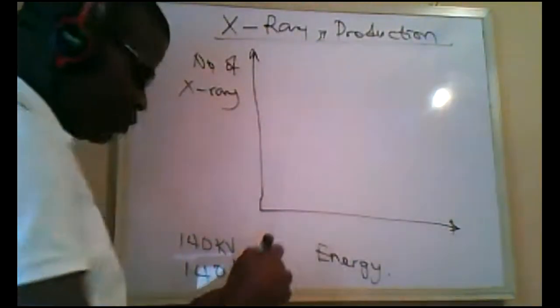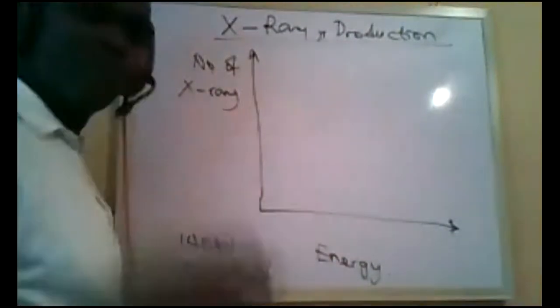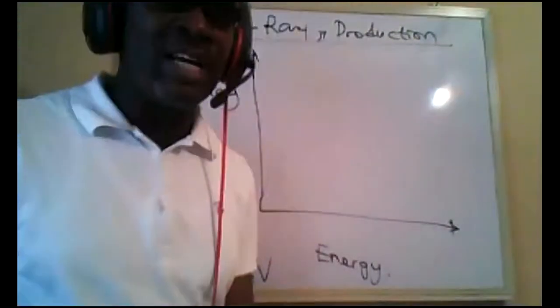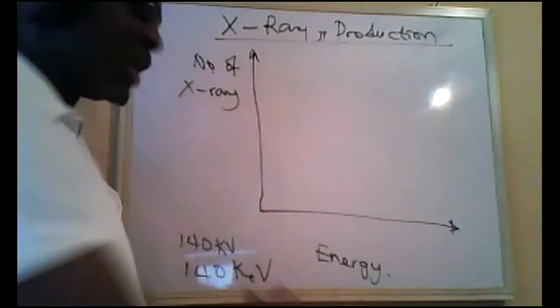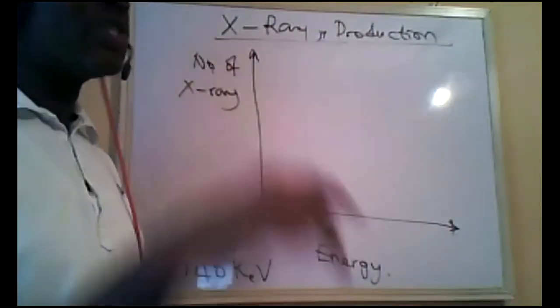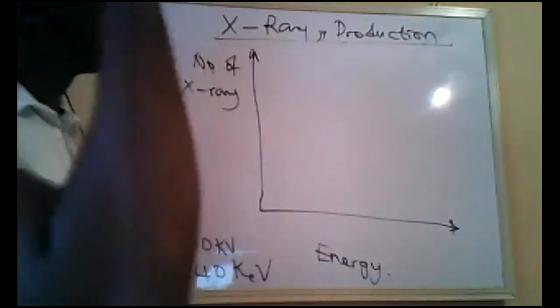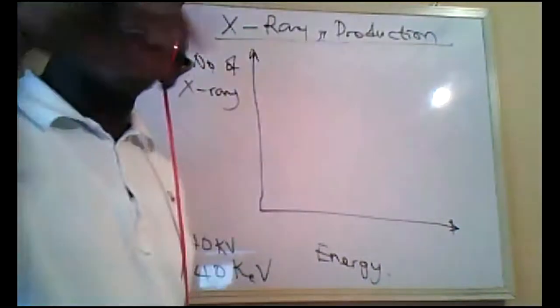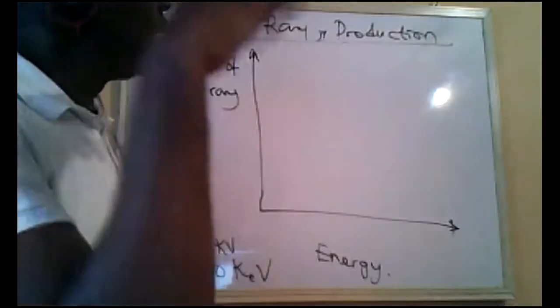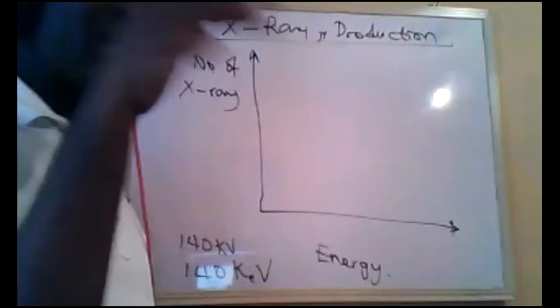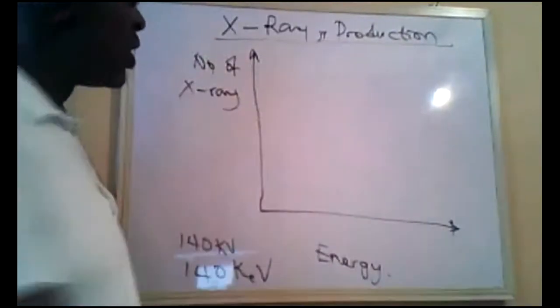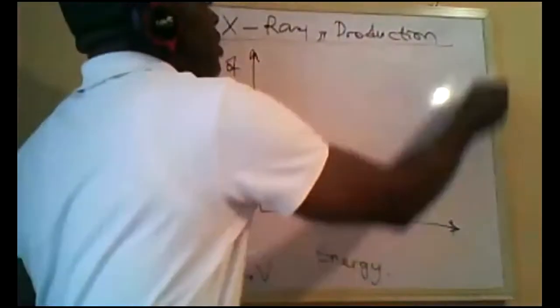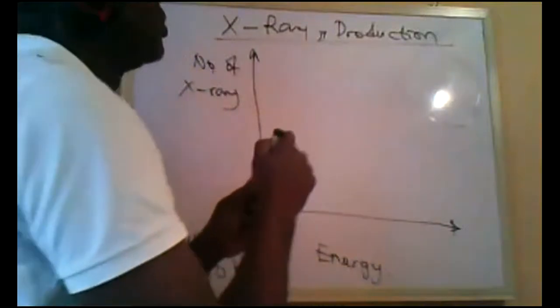That's the maximum energy of the X-rays we have. No X-ray will have an energy greater than 140 keV, because the electrons will strike the target at different depths, because of the nature of the atom.